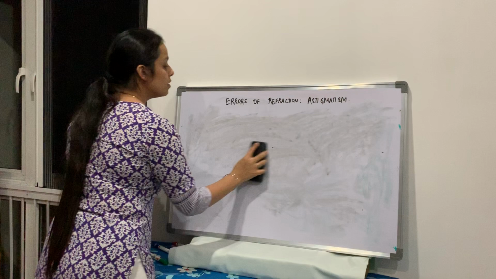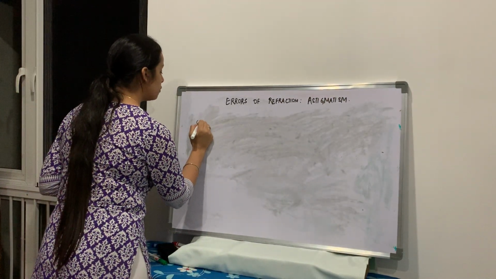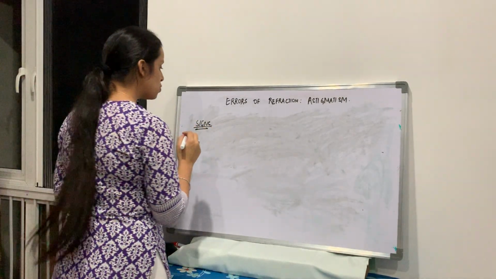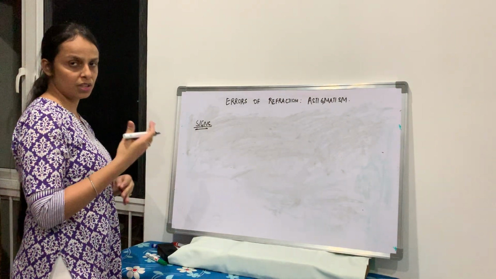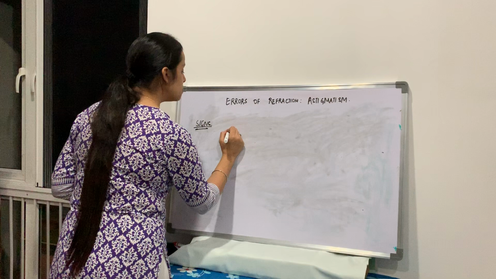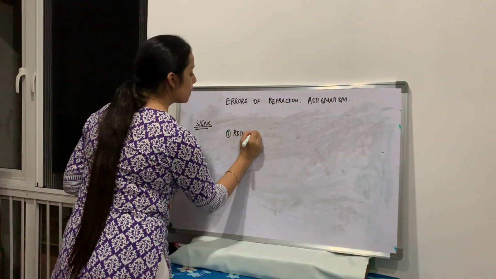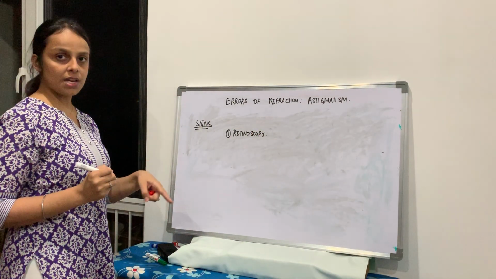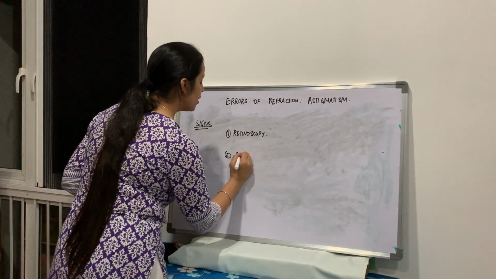So what are the signs of this? When you try to do retinoscopy, you will find that different meridia have different curvatures, different powers. So one thing you can do is retinoscopy. A retinoscopy will give you an idea that a patient has astigmatism. You can do something which is called keratometry.